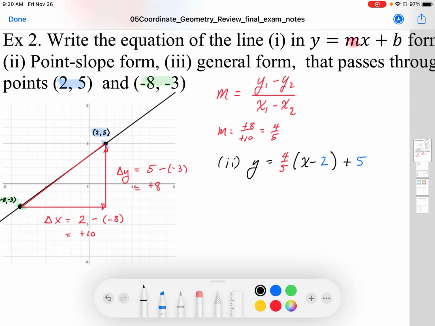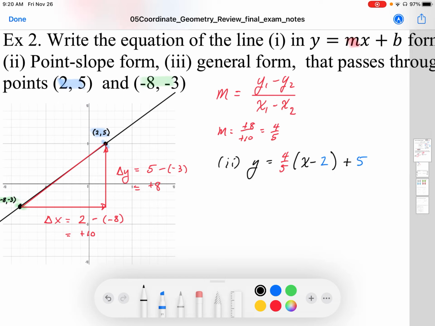I think converting from this to the y equals mx plus b form is fairly straightforward. The other strategy would be to calculate the slope, plug it into y equals mx plus b, and then use one of the coordinates to solve for b, and that would work as well. But this is a shortcut.